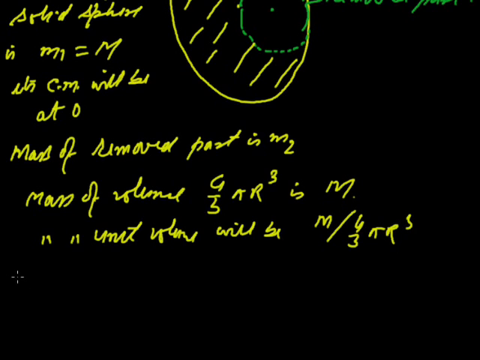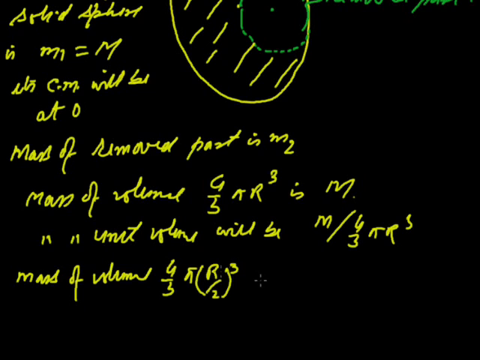But we have to find the mass of the removed sphere, the mass of volume 4/3 pi (R/2) cubed.